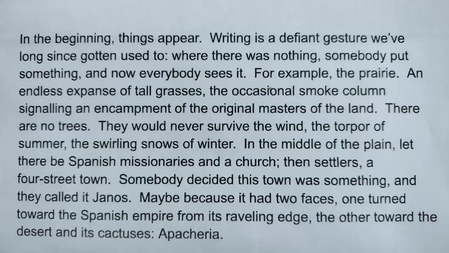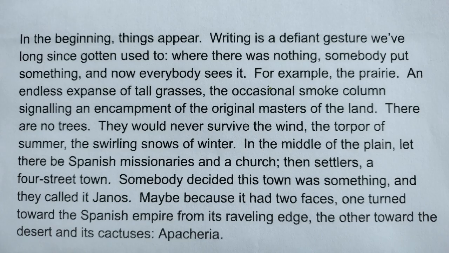In the beginning, things appear. Writing is a defiant gesture we've long since gotten used to. Where there was nothing, somebody put something, and now everybody sees it. For example, the prairie, an endless expanse of tall grasses, the occasional smoke column signaling an encampment of the original masters of the land. There are no trees. They would never survive the wind, the torpor of summer, the swirling snows of winter.